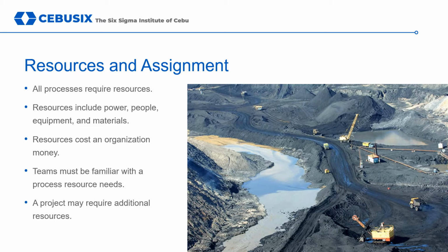Since someone in an organization has to approve and pay for resources, project teams must understand the resources involved, the cost of those resources, and the owner of the processes and resources in question, so that they can make appropriate requests about needing additional resources. Without an understanding regarding a process's resources, it will be very difficult to implement a Six Sigma initiative on that particular process.